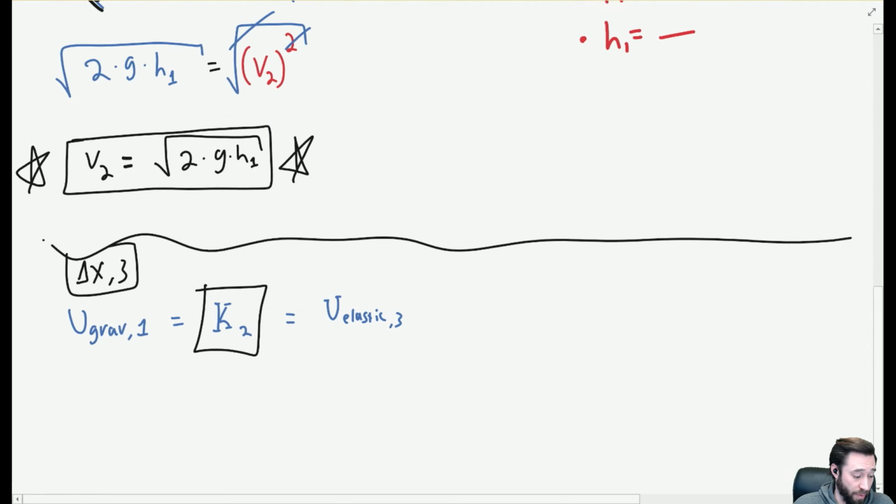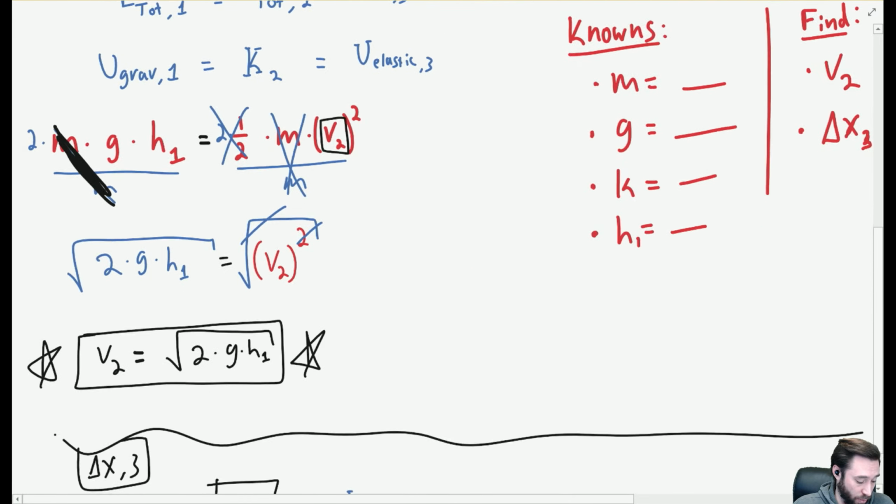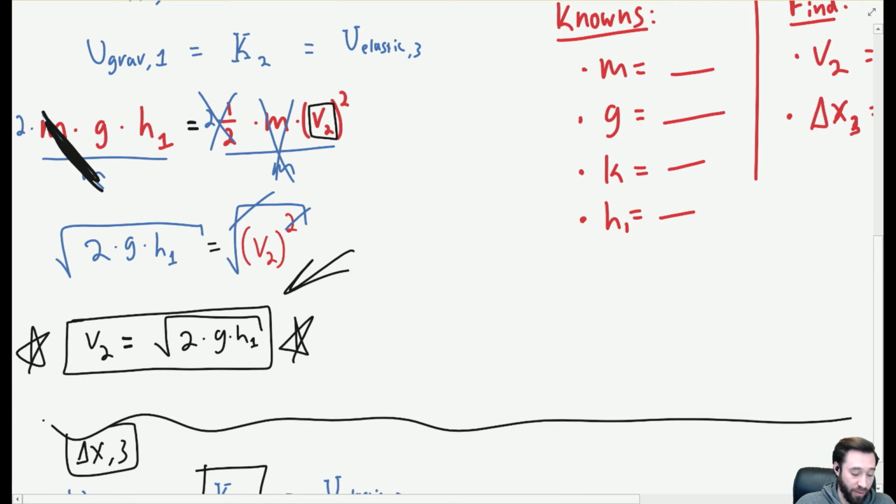Remember, kinetic energy is 1/2 mv squared, right? I'm given the mass, but I am not given the velocity. Now, you might be thinking to yourself, well, Mr. Applewhite, we just solved for the velocity. When we do this, we're going to have to round. So that's not going to be an accurate answer for v sub 2. We're going to have to round, so it's going to be an approximate answer.